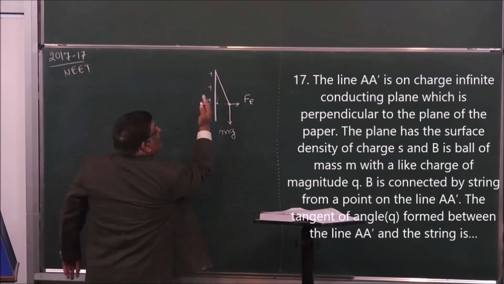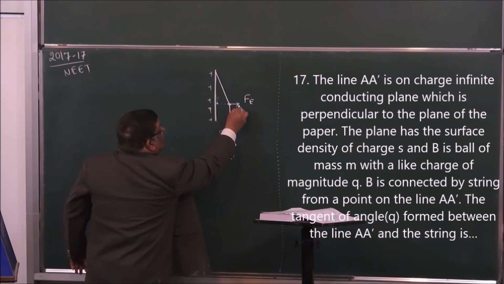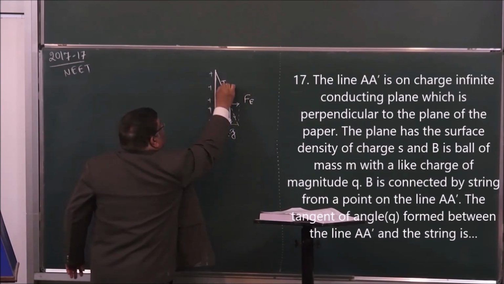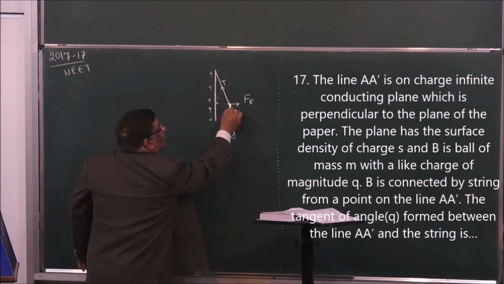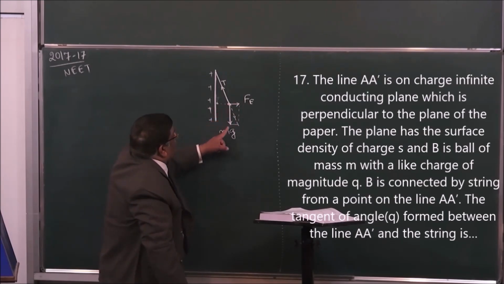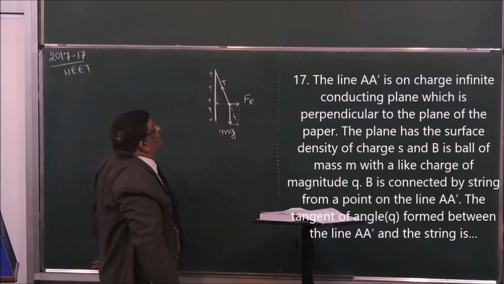Because of these two forces, there is a resultant, and the tension in the string balances this resultant force. So at this point of equilibrium, it is neither going in this direction nor coming in this direction, because the resultant of the two has been balanced by T.